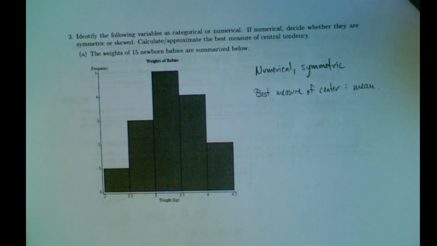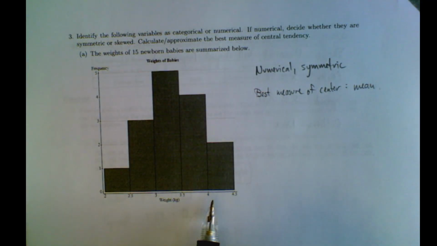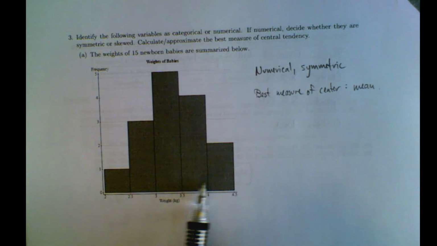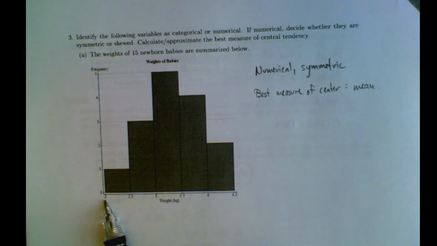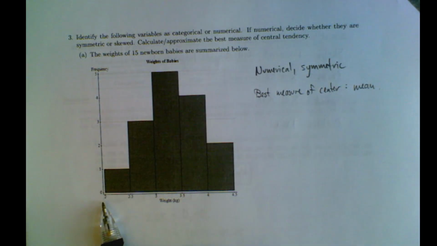Okay, so let's estimate it. In order to give a good estimate, we don't have the raw data, so we can't just calculate the mean in Excel like we normally would. Instead, we'll just have to give an estimate for what the data set would have looked like that this came from. For example, there was one newborn baby that weighed between 2 and 2.5 kilograms.